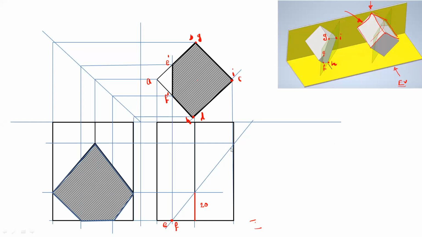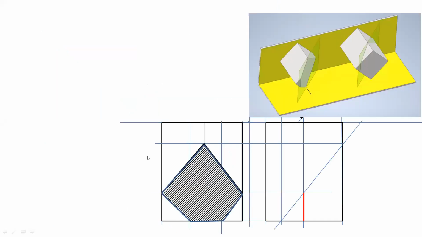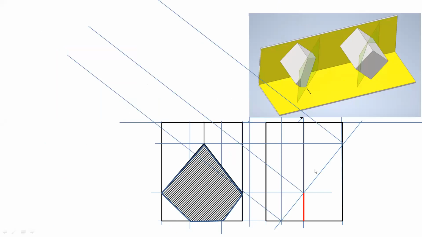So for the true shape, you should observe exactly at 90 degrees to this auxiliary inclined plane. So take the projectors from all these intersection points. Draw one center line and then measure this distance and draw this line.